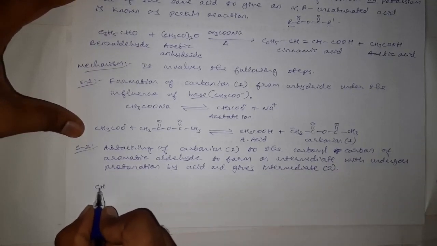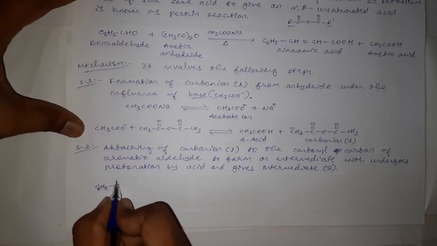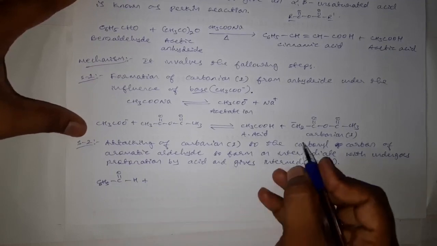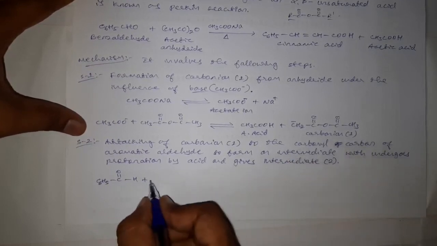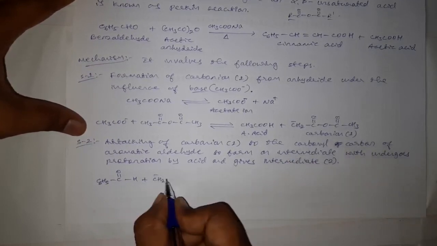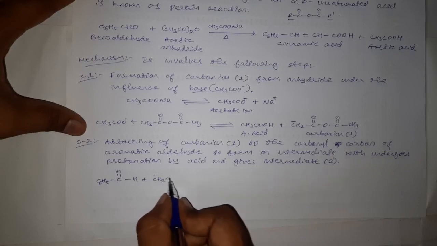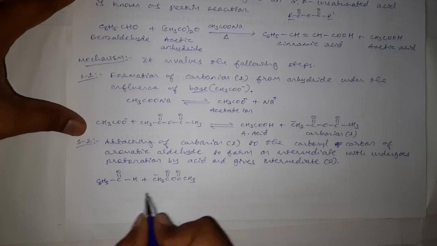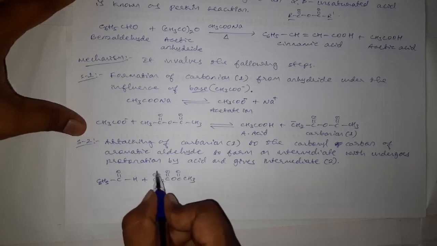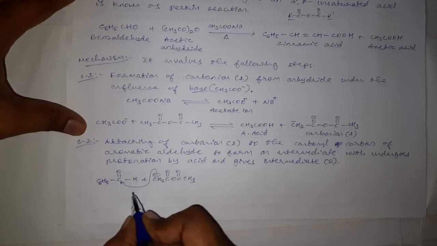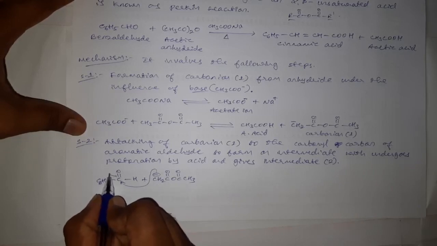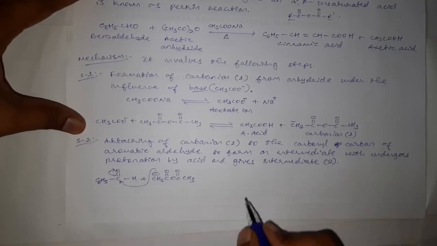This is aromatic aldehyde, C6H5C=O H, and in the first step we have carbanion 1, that is CH2 minus C=O, O, C=O CH3. This carbanion will now add to the carbonyl group of aromatic aldehyde, and the bonded pair of electrons will move towards the oxygen.